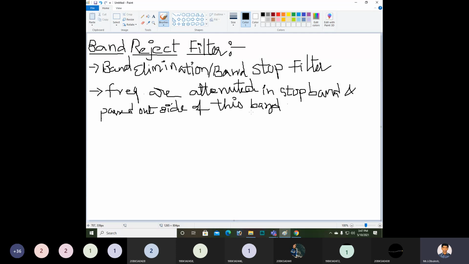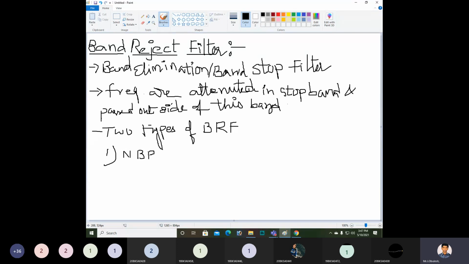Here we have two types of band reject filters, BRF. The first one is the narrow band reject filter.